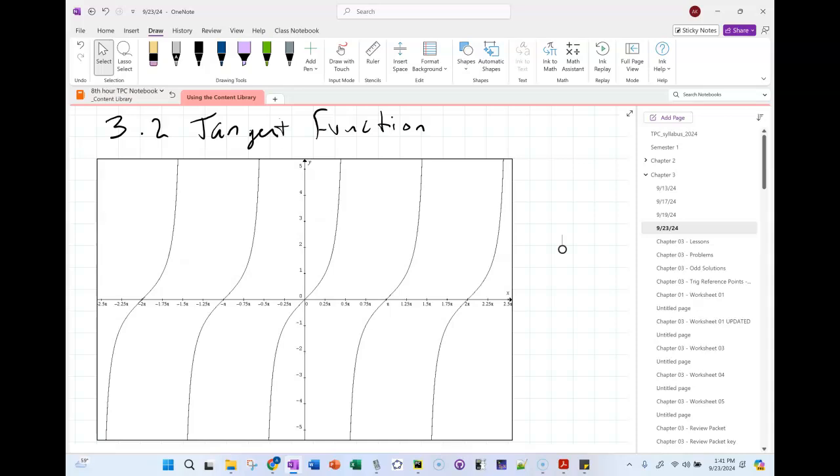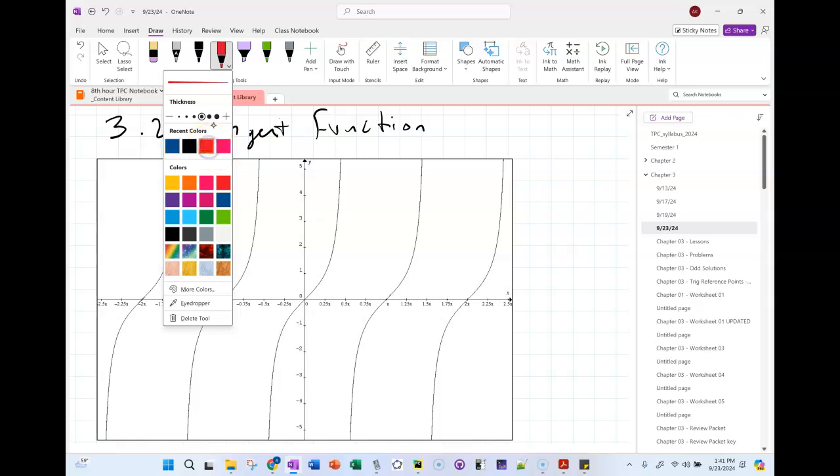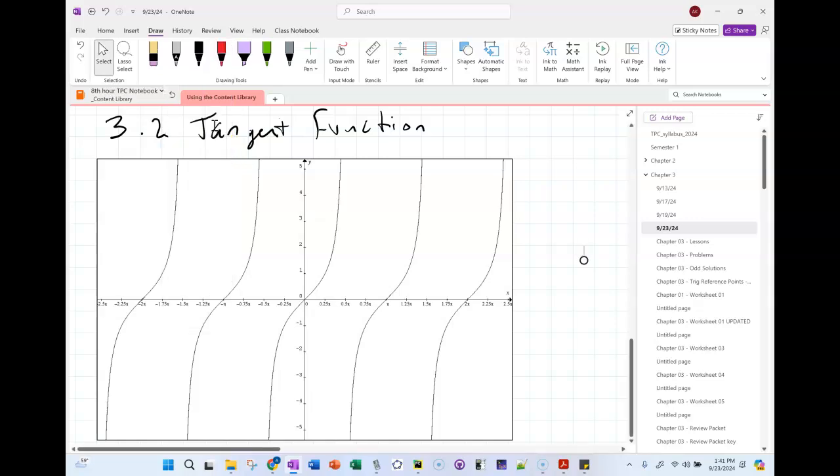Everybody's okay there? So looking at this, I noticed that there is a new key feature that this graph has that sine or cosine doesn't. If I look, it appears that in between each one of these cycles, I can draw a vertical line that the graph can get really close to but doesn't touch, right?